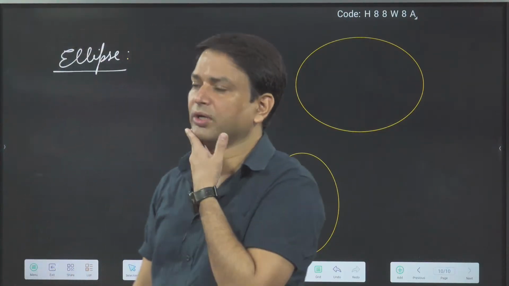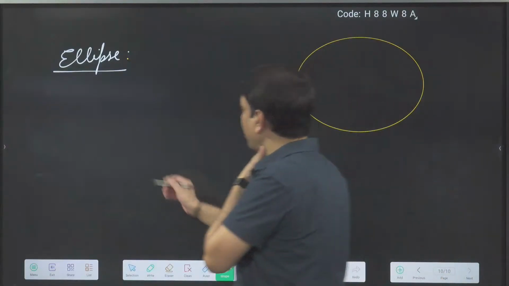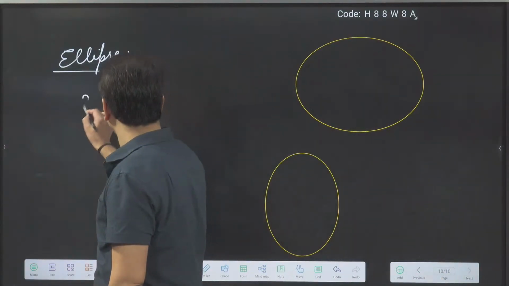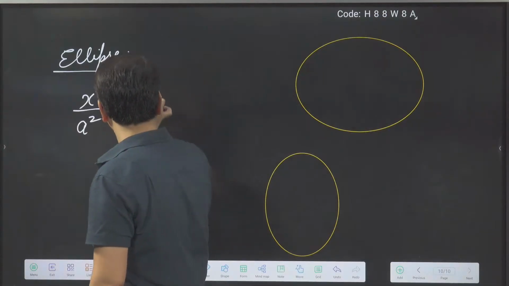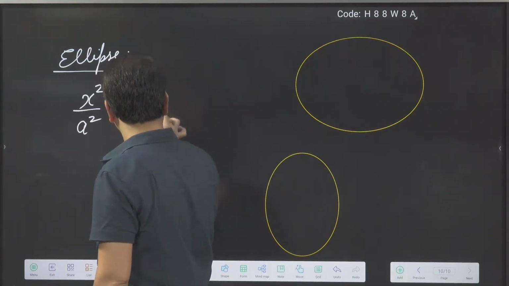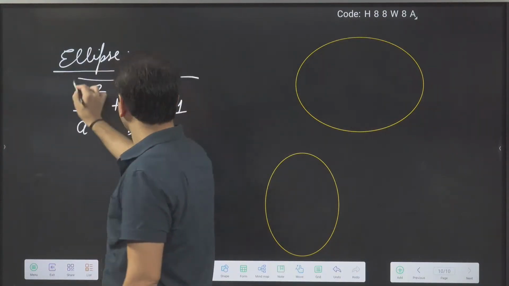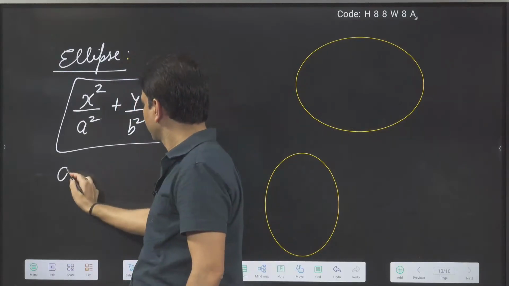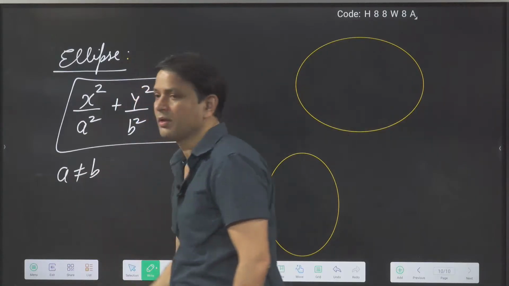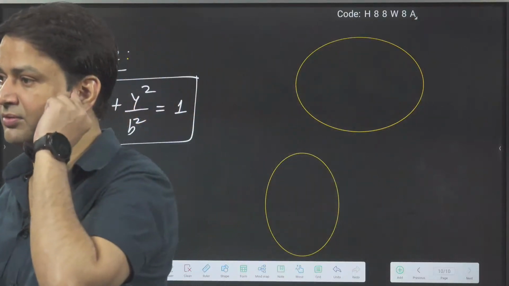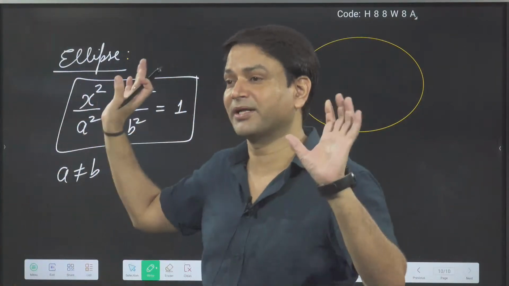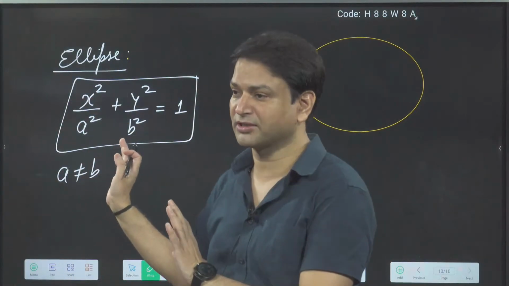So how will we decide on the basis of the equation? If we are getting an equation like this, again I am saying this is not the only ellipse, we can get different ellipses, but ellipse is a chapter for mathematics students.